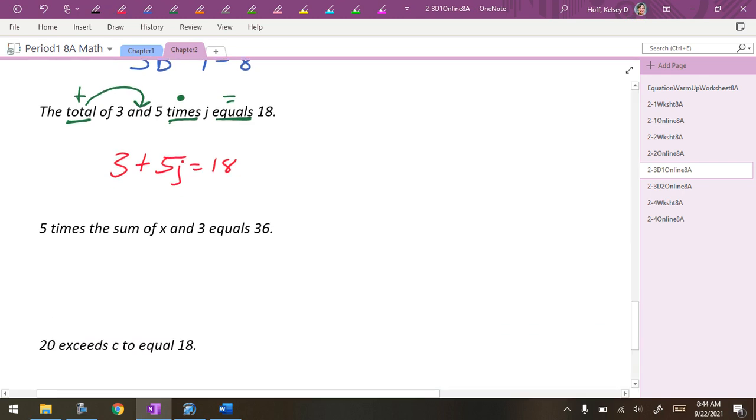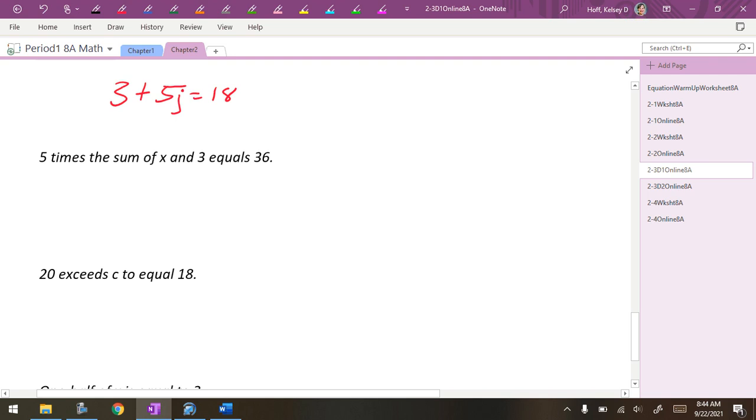Okay. Let's look at the next one. 5 times the sum of x and 3 equals 36.